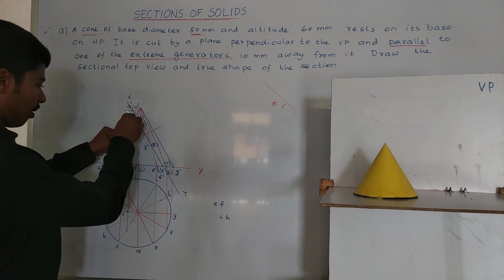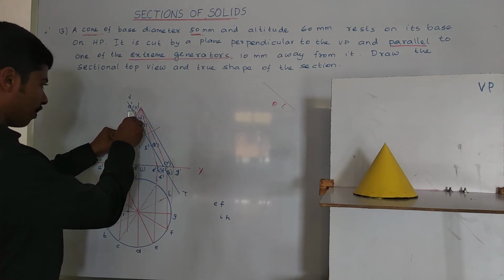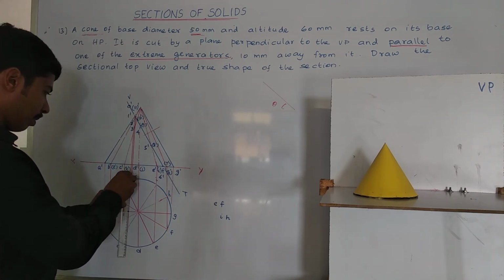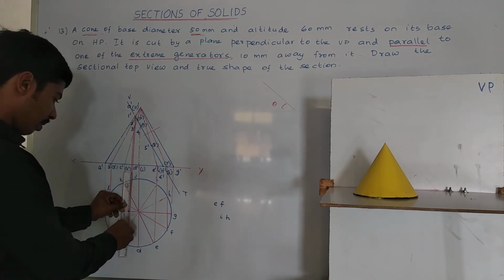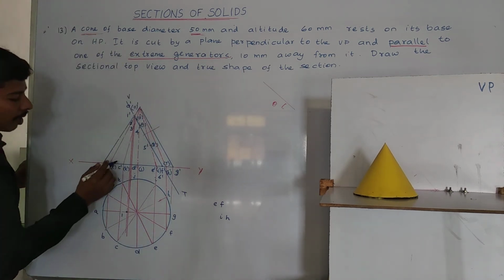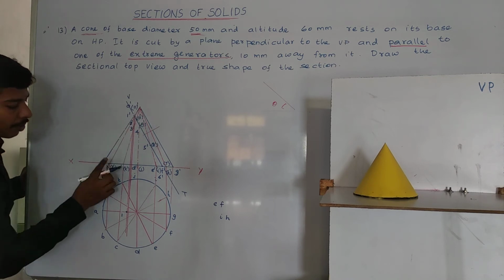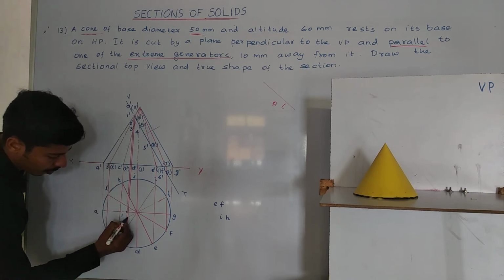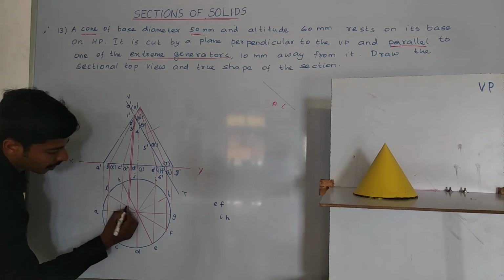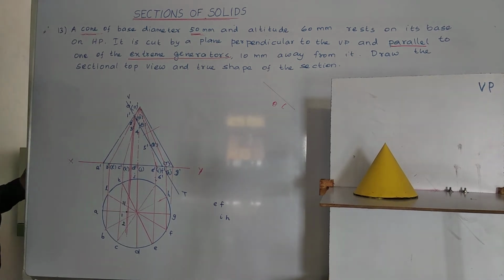Okay, 2 and 11 are from OB and OL. So this is OB, 2. OL is 11.